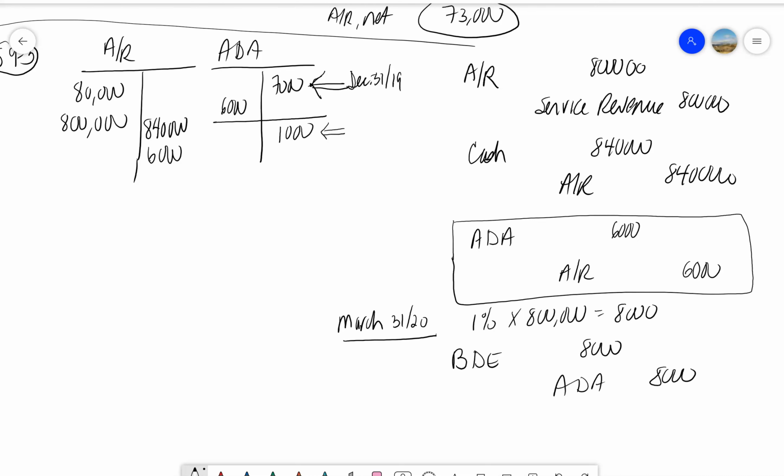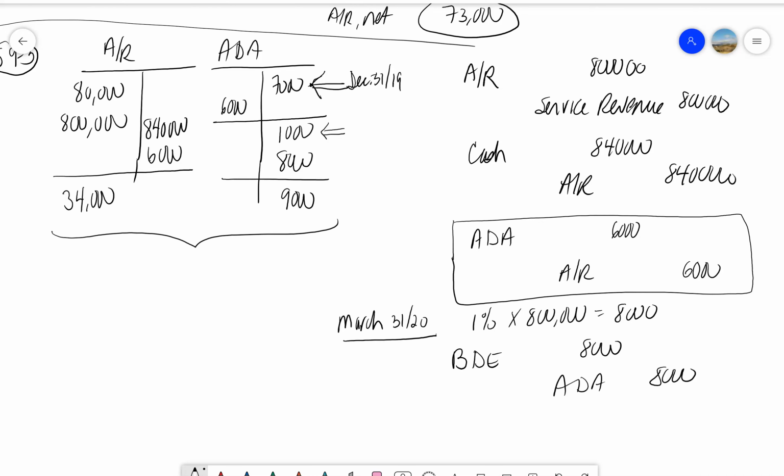And so once again, if we update our T accounts, at the end of the first quarter, our allowance for doubtful accounts will have a balance of 9,000 credit. And if we look at our accounts receivable, if we work through all that math there, we're going to be left with a balance of 34,000. Now on the balance sheet at March 31st, let's just show what our accounts receivable will say.